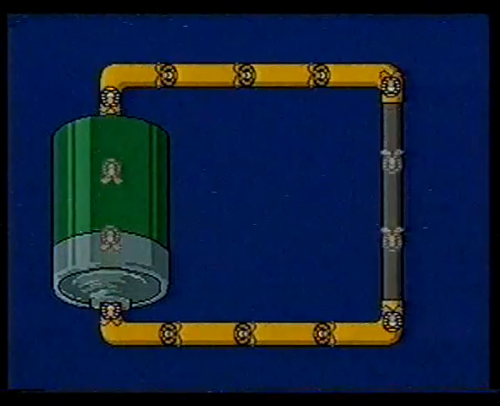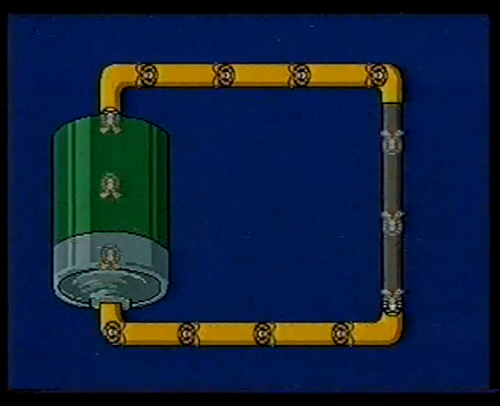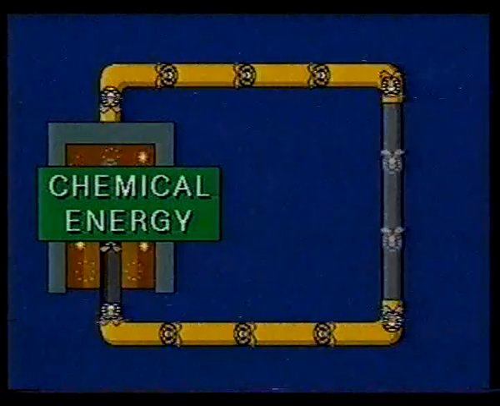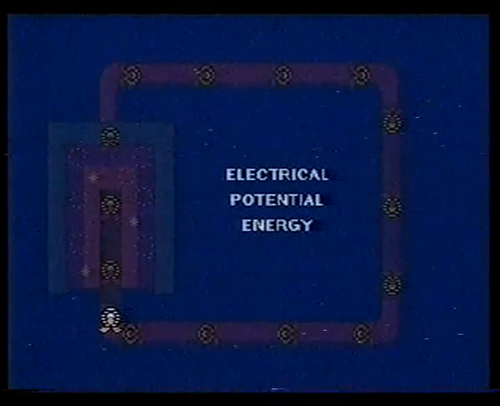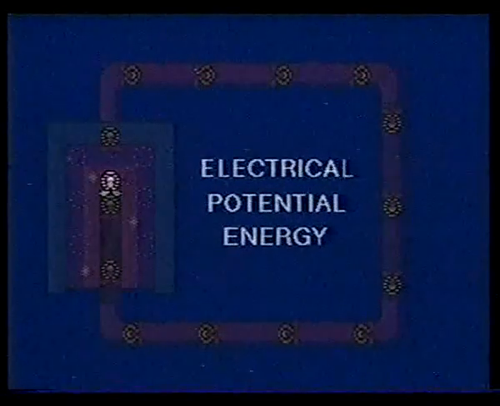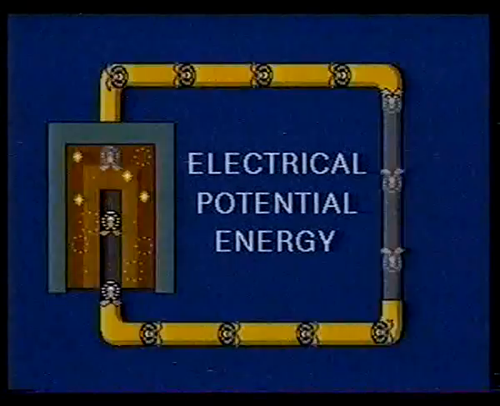Instead of skiers, we have coulombs of charge going around the circuit. Just as a ski lift gives each skier gravitational potential energy, the chemical energy in the cell gives each coulomb of charge some electrical potential energy.